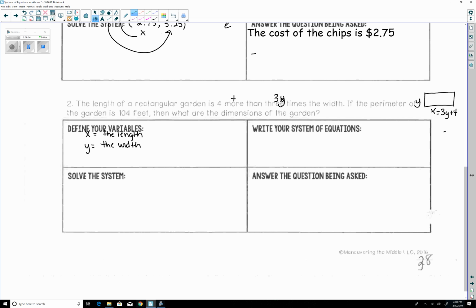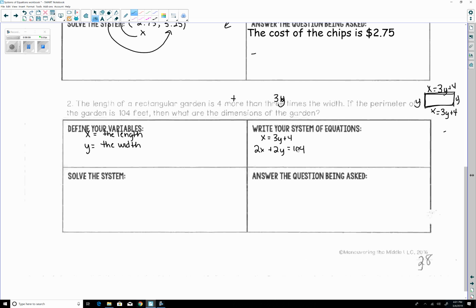The perimeter is all the way around. So I'm going to need 2 y's, and I'm going to need 2 of our x's, and x equals 3y plus 4. So here's what it's going to look like when we're writing our system. x equals 3y plus 4, and I need 2 x's and 2 y's to equal 104.